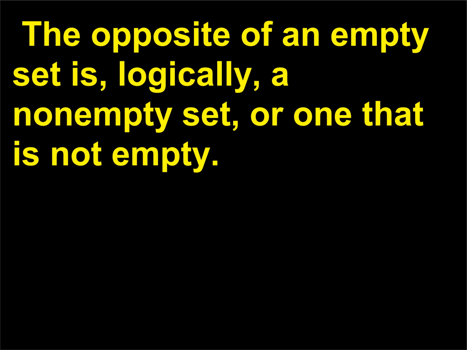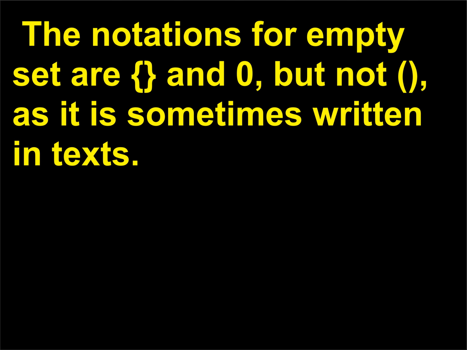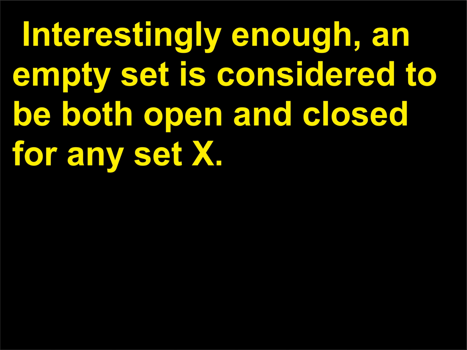The opposite of an empty set is, logically, a non-empty set, or one that is not empty. The notations for empty set are ∅ and 0, but not, as it is sometimes written in texts. Interestingly enough, an empty set is considered to be both open and closed for any set X.